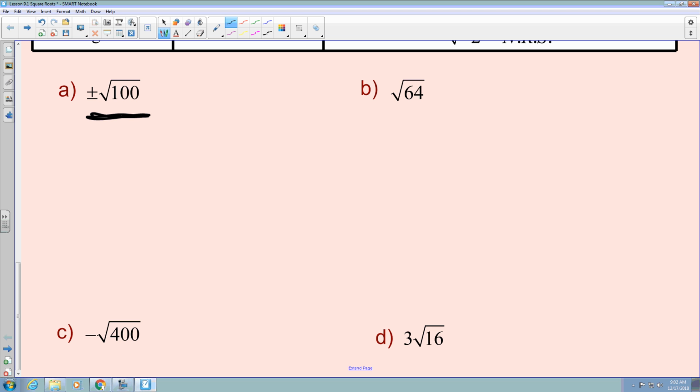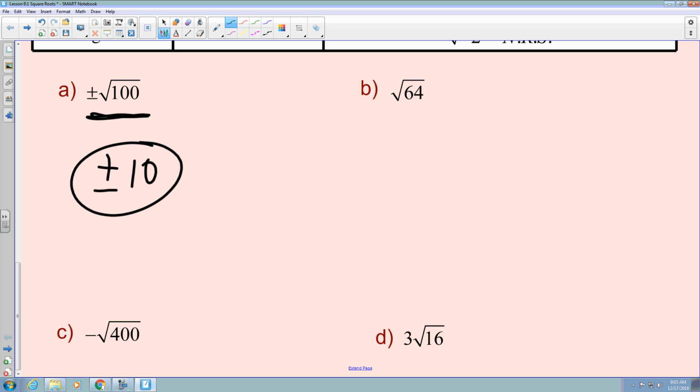So for A, it's plus or minus, B, it's just positive, C, it's negative, D, it's also positive, just like B. So I go over here, I also write in the plus or minus, and then I type in the square root of 100. The square root of 100 in my calculator is a value of 10. So my result would be plus or minus 10.